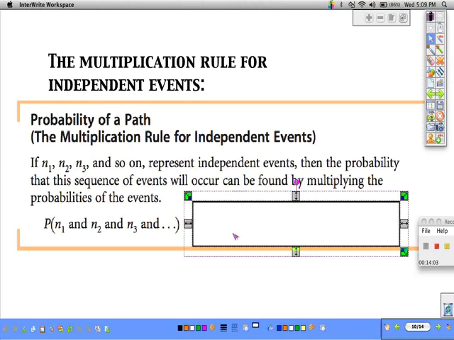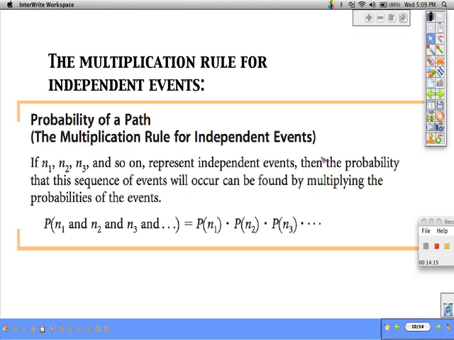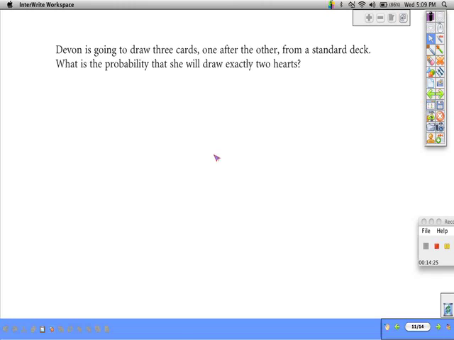And if we have the probability of something and something else and something else and so on, that tells us to multiply those probabilities. Probability of the first thing times the probability of the second times the probability of the third. So and means multiply.